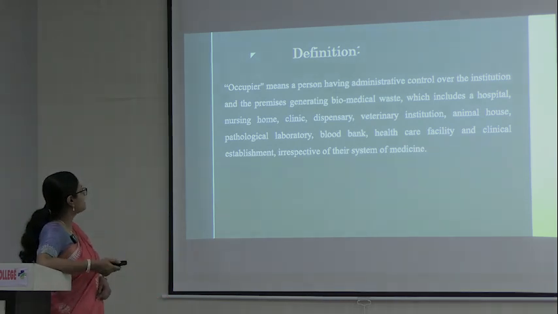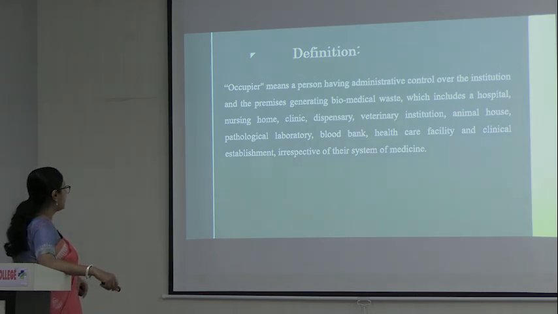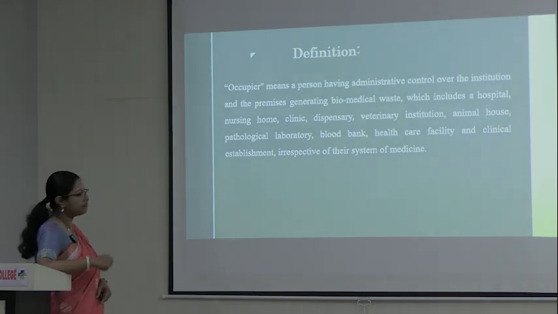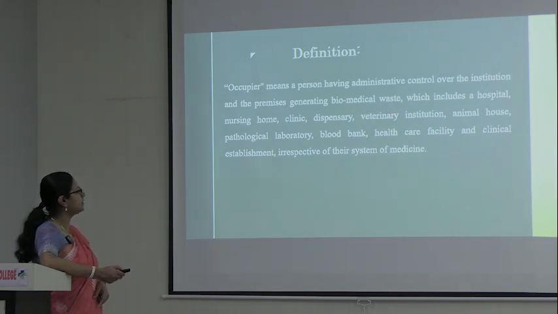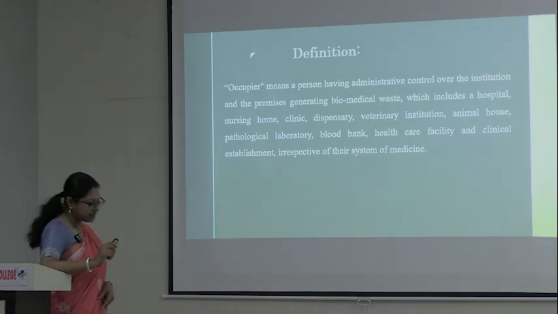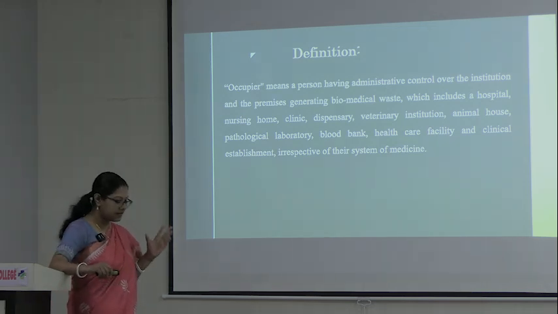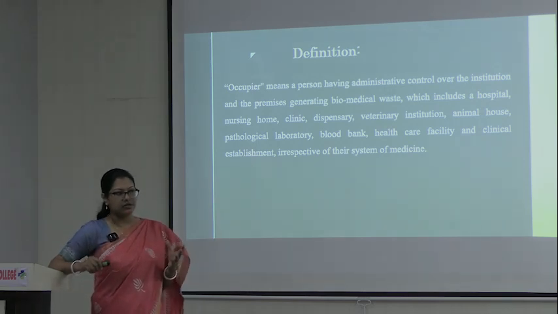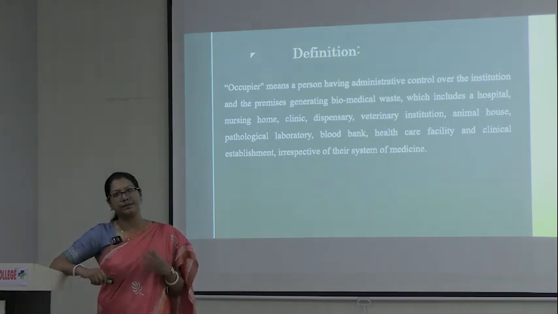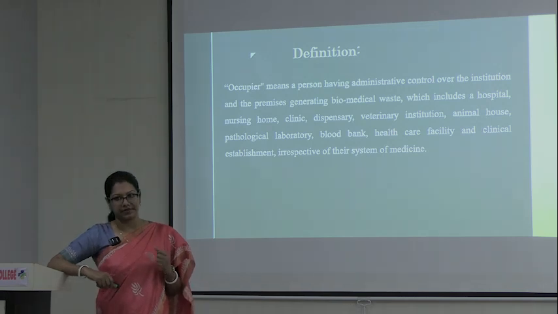It can be a hospital, nursing home, clinic, dispensary, veterinary institution, animal house, pathological laboratory, blood bank, healthcare facility or clinical establishment, irrespective of their system of medicine. It doesn't matter what medicine we are practicing, it will generate biomedical waste. And as an occupier, we have to comply with some rules and regulations on how to manage that biomedical waste.